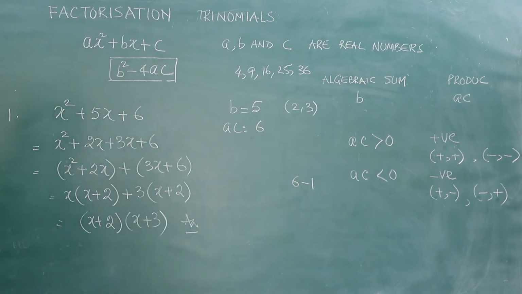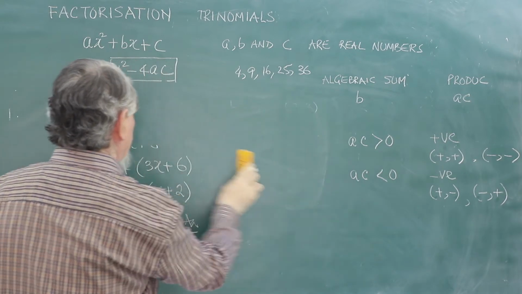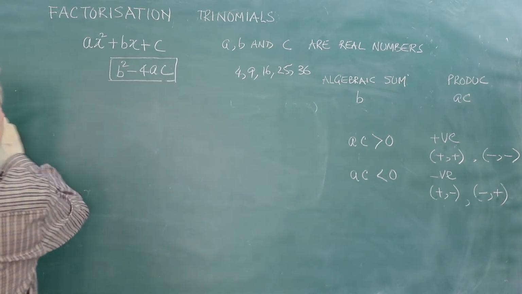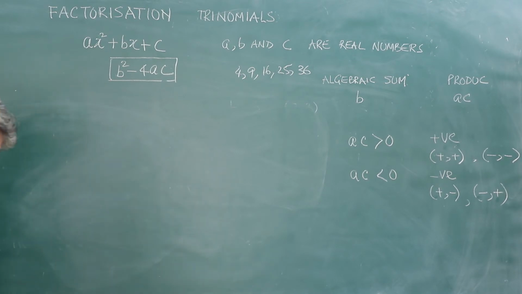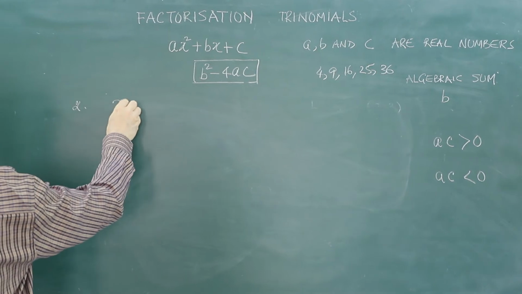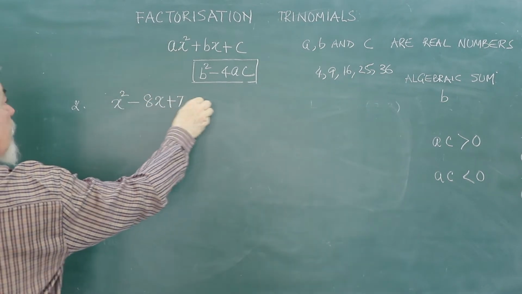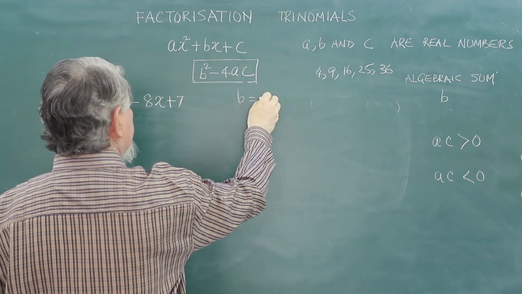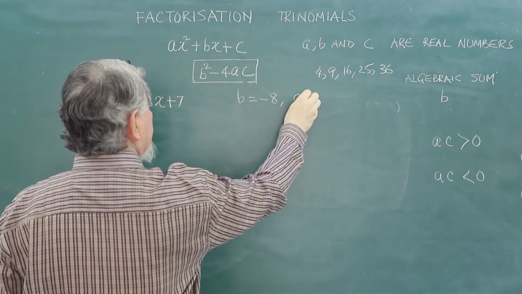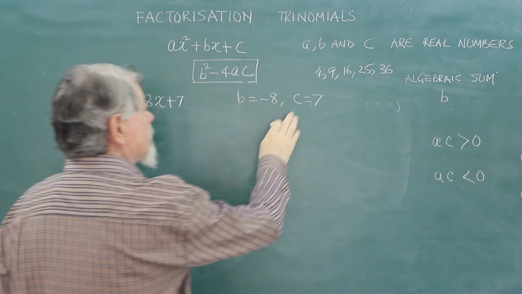Now let us see question number 2. In question number 2 I have x square minus 8x plus 7. Now again b is minus 8 and c is 7. ac is 7.